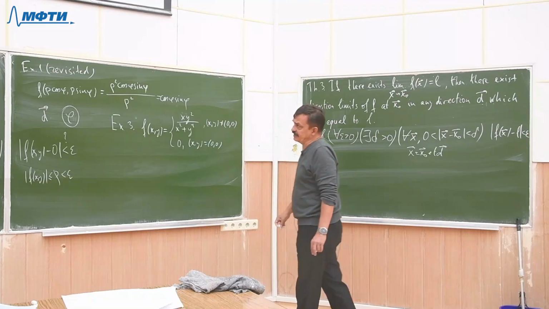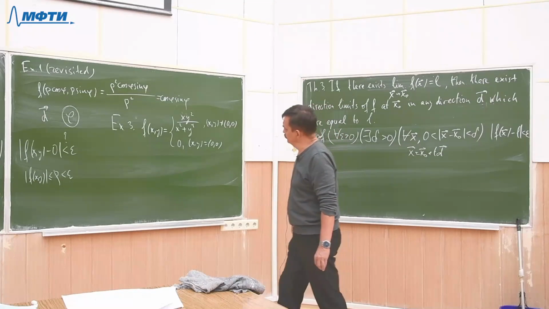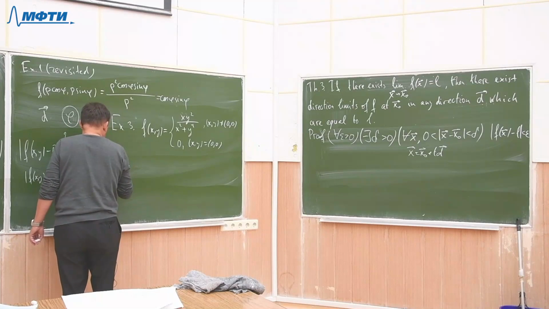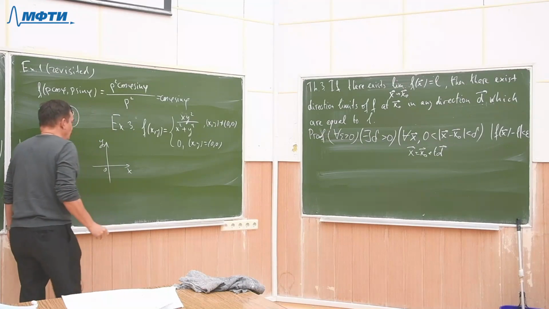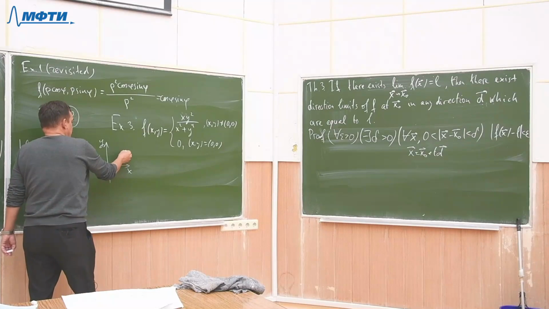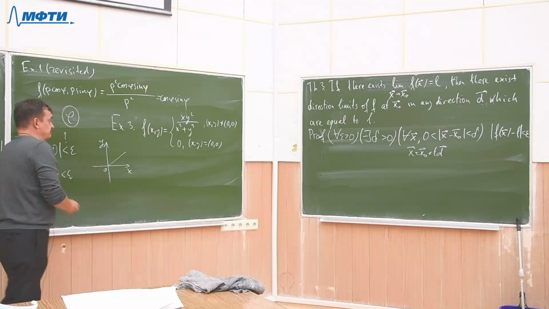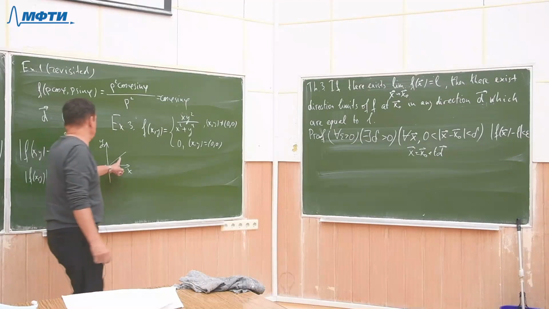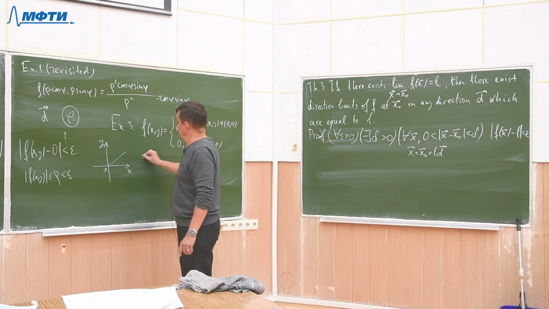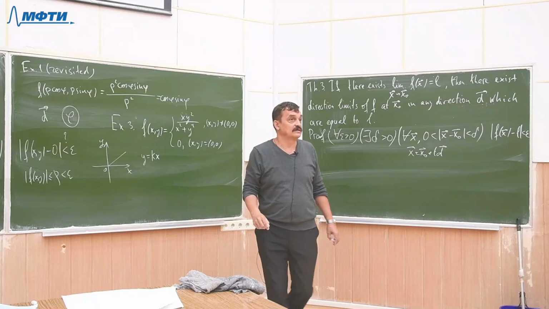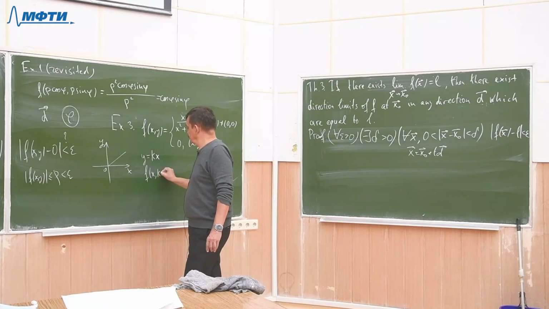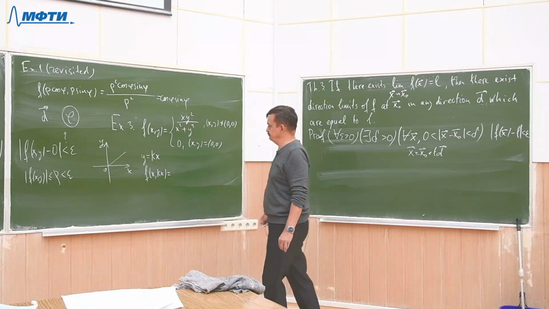So how can we compute the direction limit? We approach 0, so take an arbitrary direction. To take an arbitrary direction, we choose angle phi, or in other words, we substitute y equals k x. So let's substitute f of x, k x. What is it?